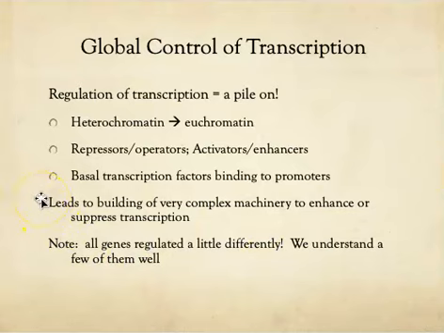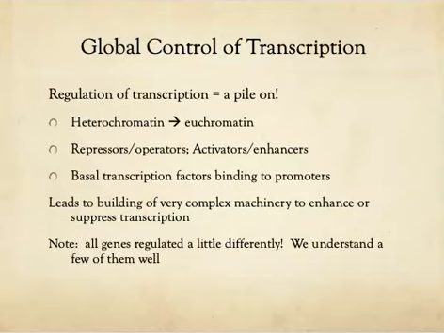All of this means to us that there are several ways that cells have control over if a gene gets transcribed, when a gene gets transcribed, and how much a gene gets transcribed. There are lots of levels of control over that. That tells you that it is critically important that a cell have control over transcription.